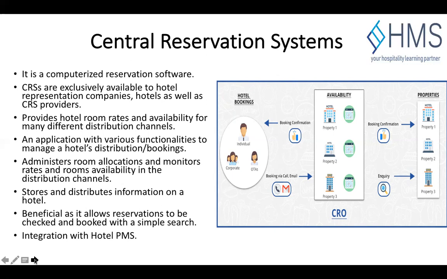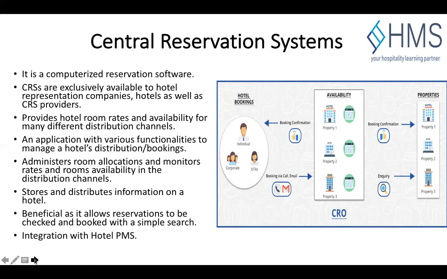The central reservation office would make a note of this booking and inquire from the properties if the particular category of room is available for the particular time period or for the given date in question.